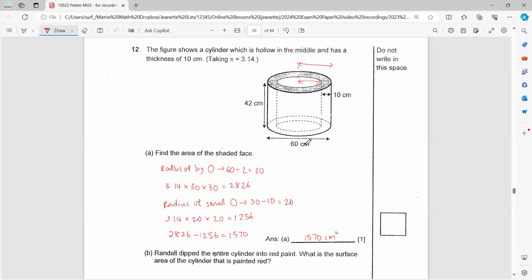Okay, which parts are easy to find? The bottom part is actually the area of a circle, right? And then the top part, we already have the area, which is 1570. If you're gonna dip it into red paint, this bottom part will actually be painted as well.